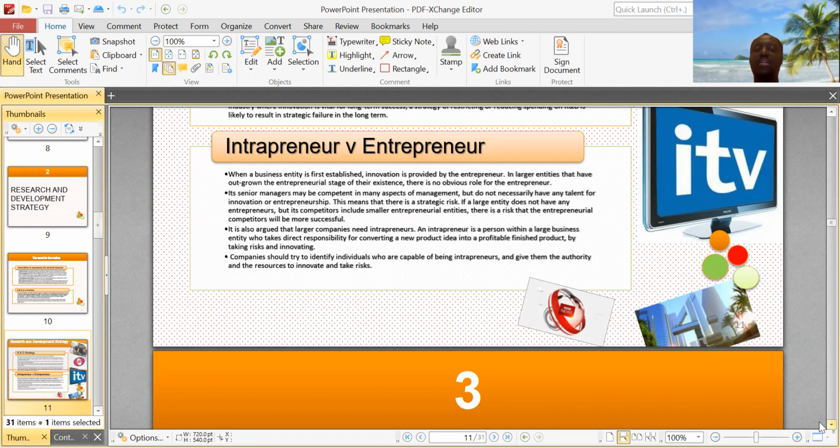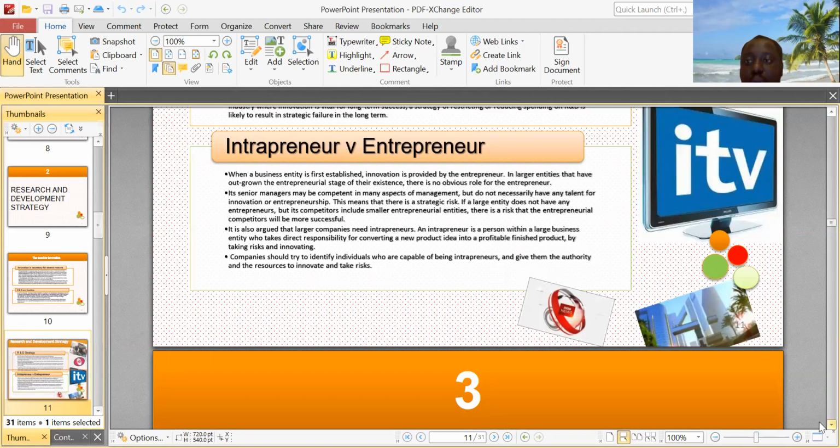So what are we saying here? Entrepreneurs are basically the people who fuel the creation of a business entity, people who start businesses and create startups. But who's an intrapreneur? An intrapreneur is someone within a large business entity who converts new product ideas into a finished product. They are inside organizations.